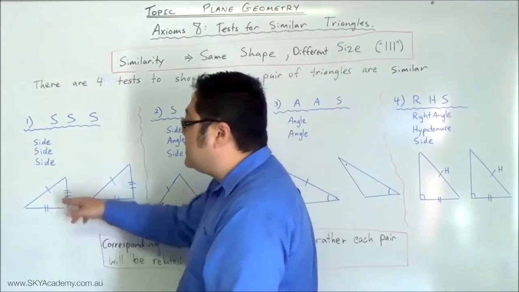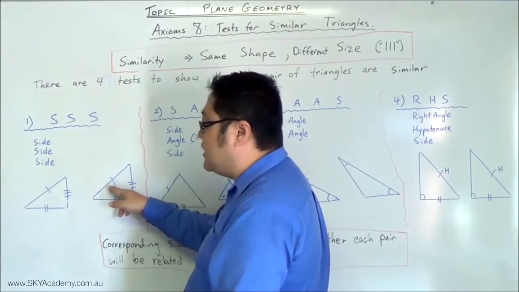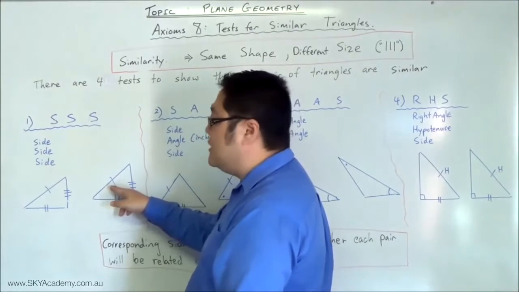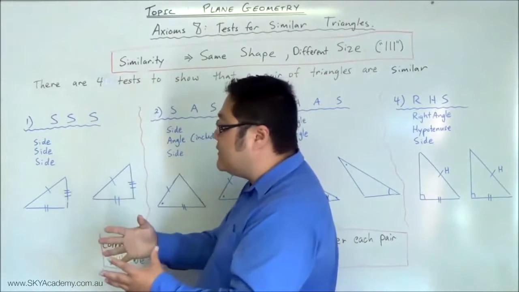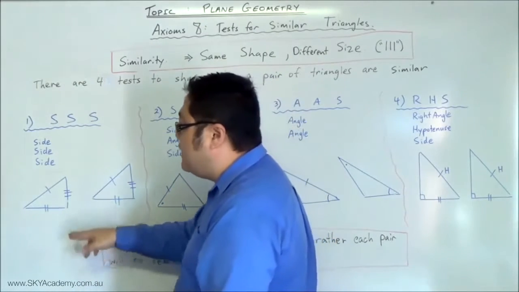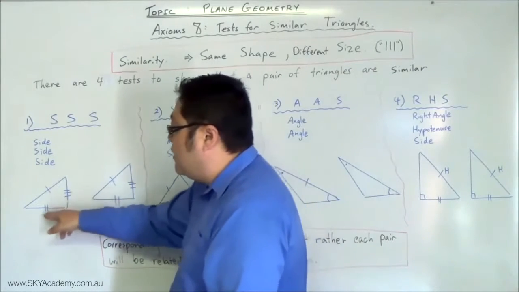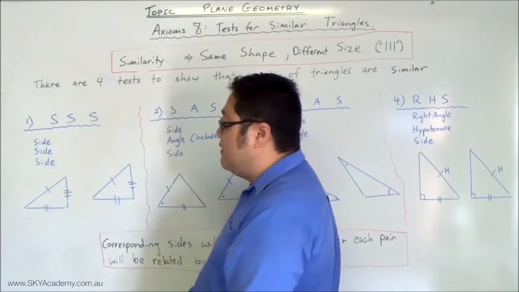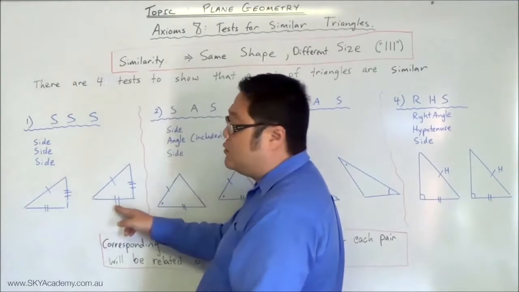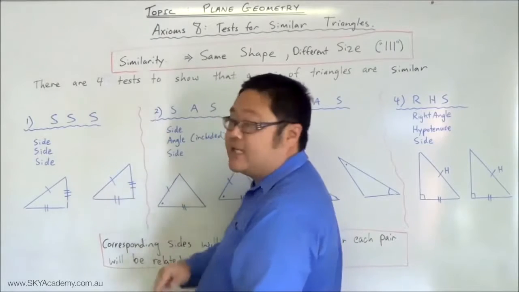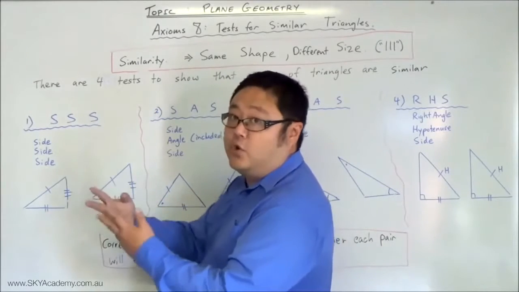Let's say that this side is twice the size of this side. What that means is, if the SSS test were to be satisfied, in this pair of sides in the common ratio, this side would be twice this size as well, and this side would be twice that size.